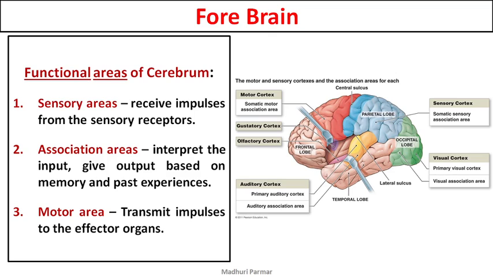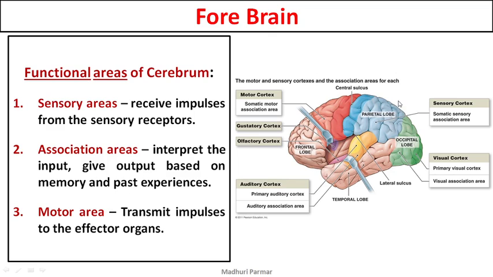So this decision is made in your association area. And then comes the motor area. The motor area gives the signal; it is the output from where signals are sent out to different organs. So the parts of your cerebrum are basically divided into these 3 parts: sensory area, association area, motor area.